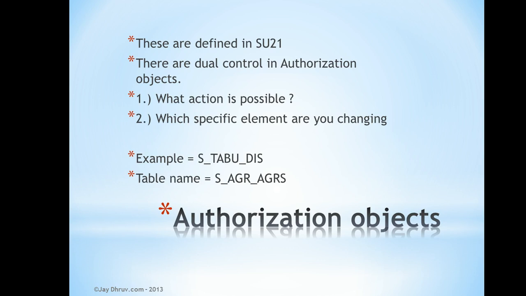For example, with S_TABU_DIS, you can control which table you are either displaying or modifying or creating, and it also controls the activity, which is the display activity, change activity, create or delete activity, and second aspect is the name of the table.